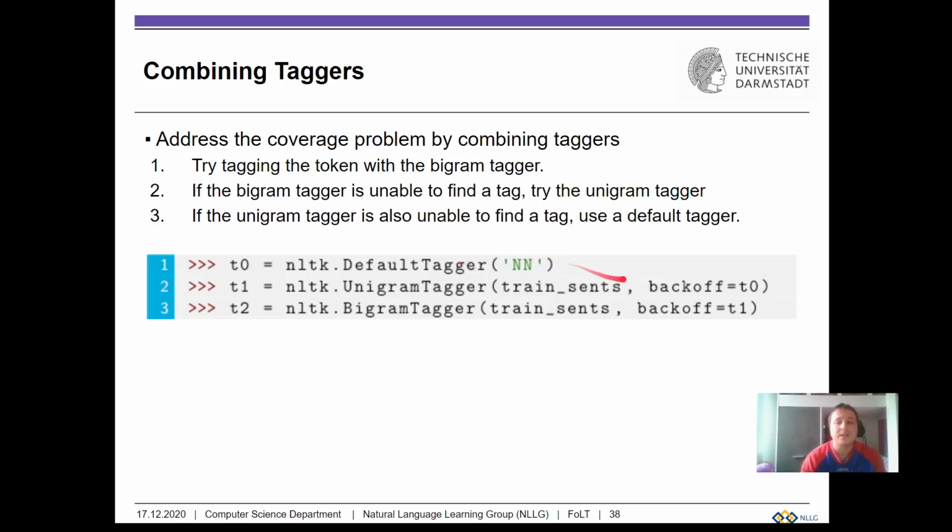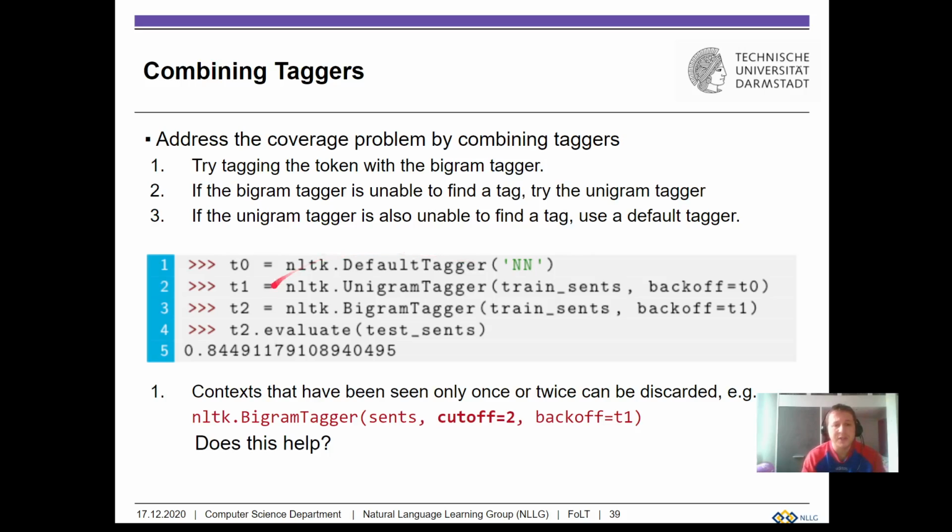And then finally, if the unigram tagger doesn't know what to do, because maybe it also has not seen a certain word in the training data, it backs off to an even simpler tagger, namely the tagger that labels everything as noun. Keep in mind that it could also back off to our regular expression tagger that did take the morphology of words into account, and this probably would even be a better back-off strategy.